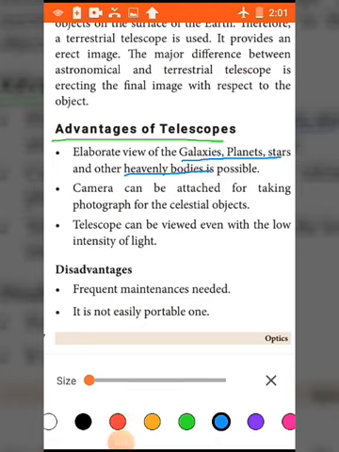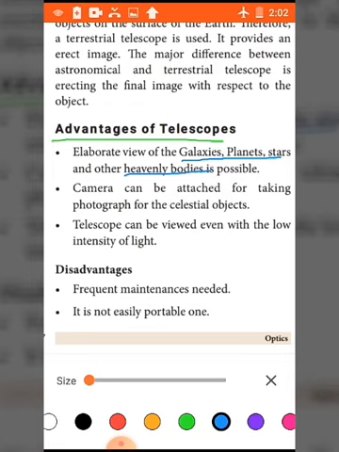The next topic, advantages of telescope. See the first point, an elaborate view of galaxies, planets, stars and other heavenly bodies is possible. The second point, a camera can be attached for taking photographs of the celestial object.